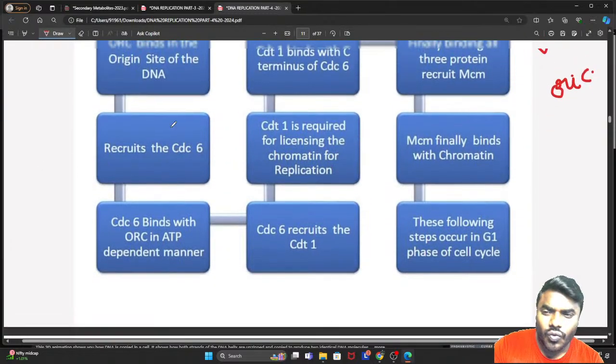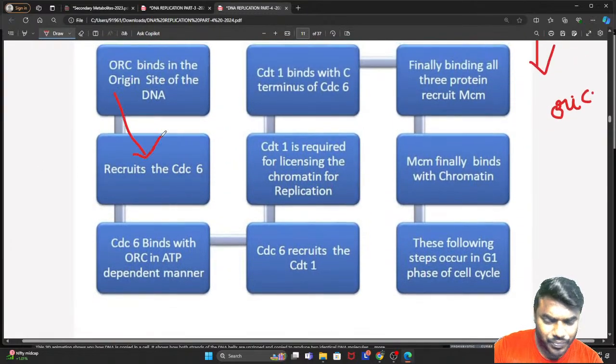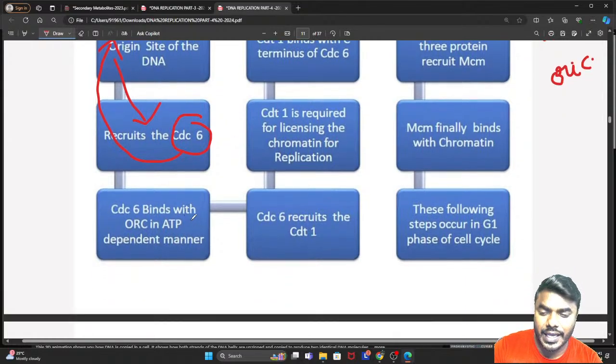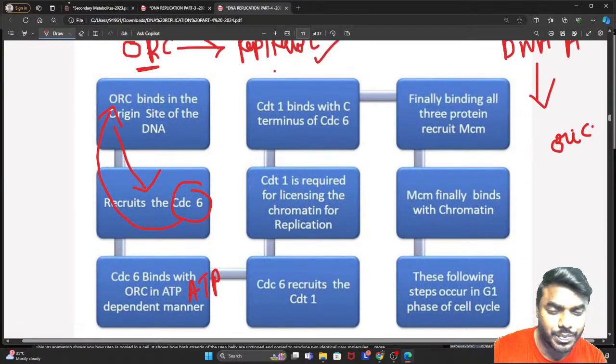So first ORC attaches, I'll show you the diagram. Then ORC recruits CDC6. CDC6 will come and attach to the ORC in an ATP dependent manner. They will give this in the exam as one of the statements. Then CDC6 and ORC recruit CDT1. Then in total how many proteins are there?